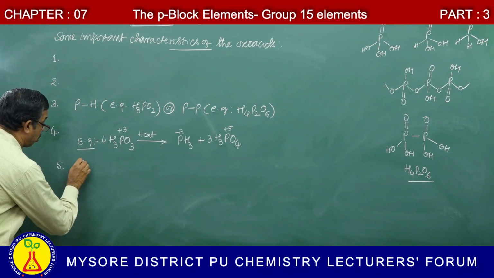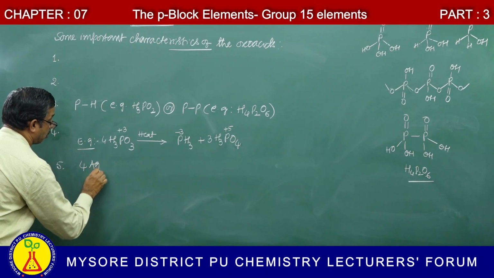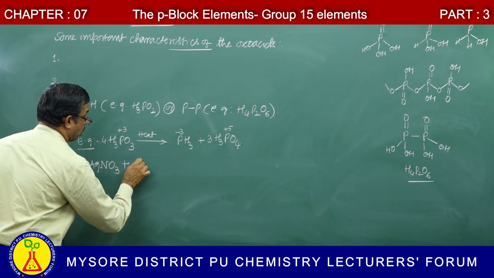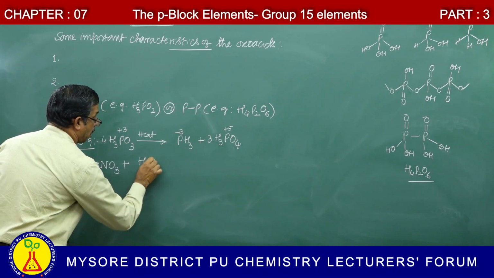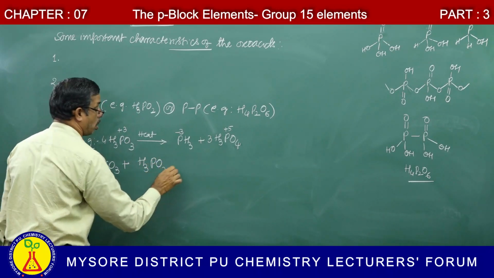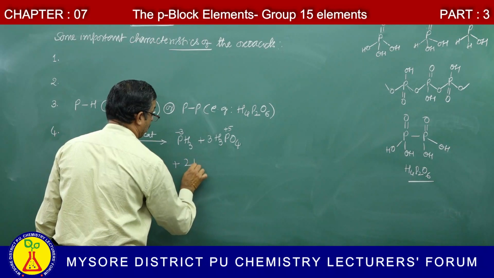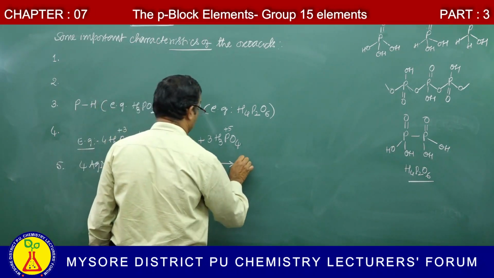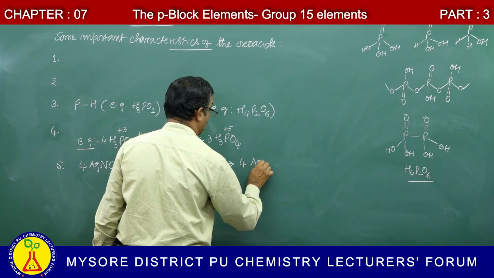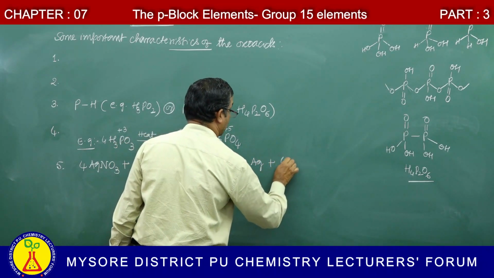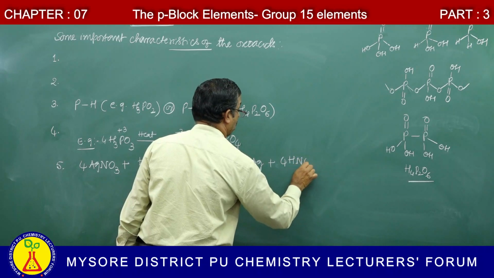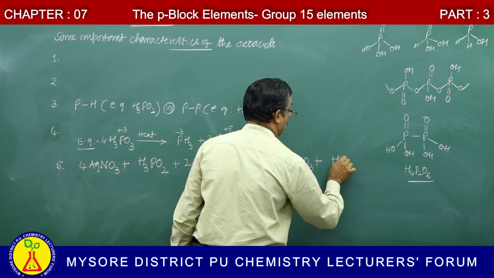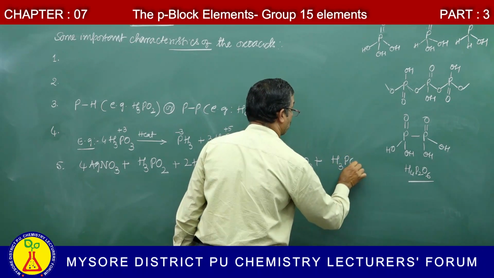Now, let us look at the reaction. 4AgNO3 plus H3PO2 plus 2 water, we get 4Ag plus 4HNO3 plus H3PO4.